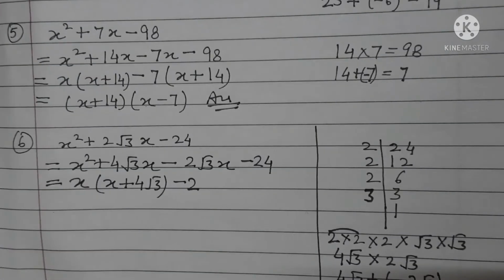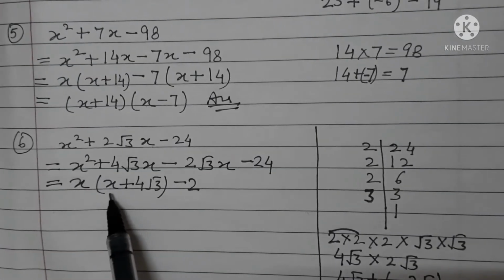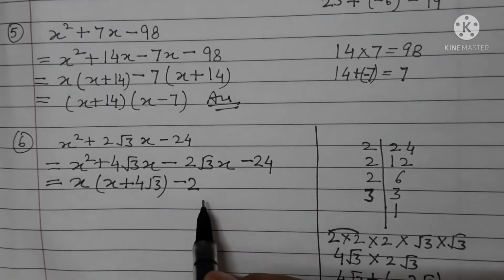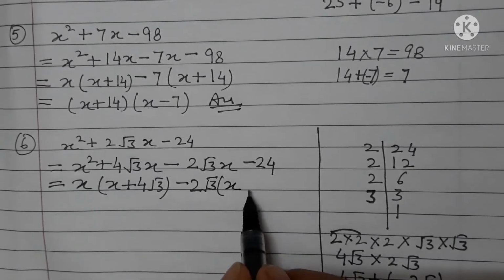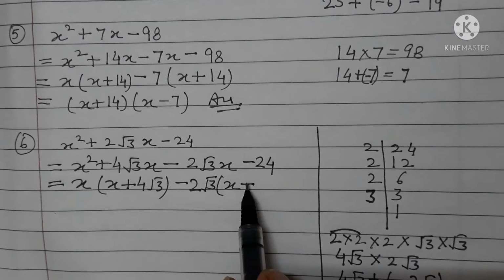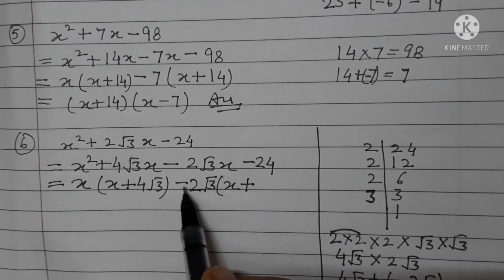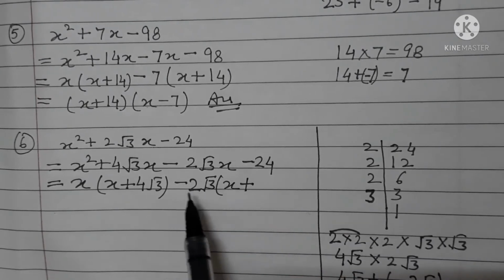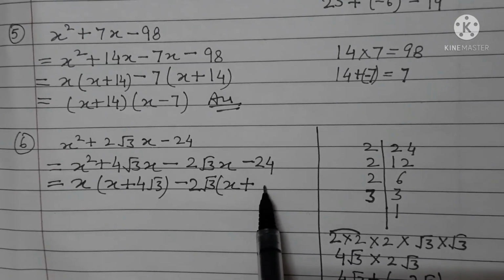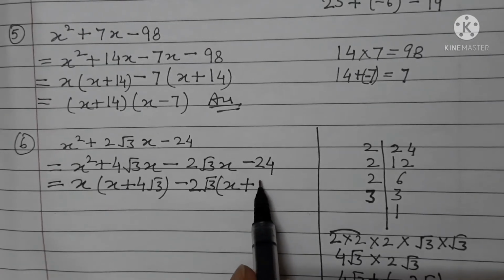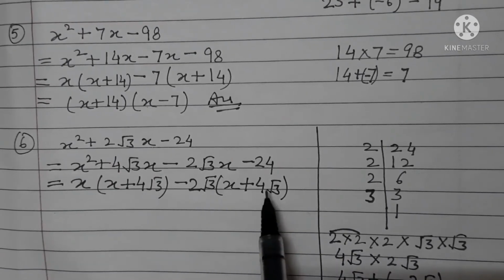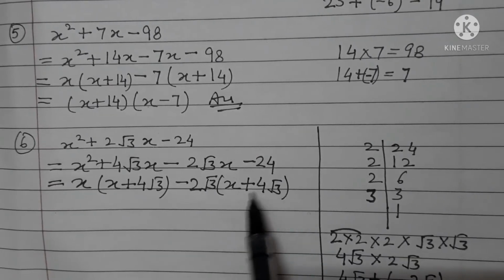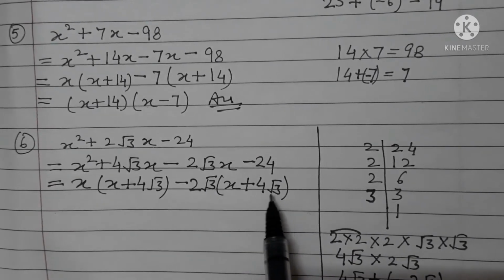Just wait. See this factor here is x only, so it means we have to take 2 root 3 totally common, and in the bracket x minus, no, this will be plus because minus we have taken common, and what is the other factor? It will be 4 root 3. Let me see how you will get 4 root 3.